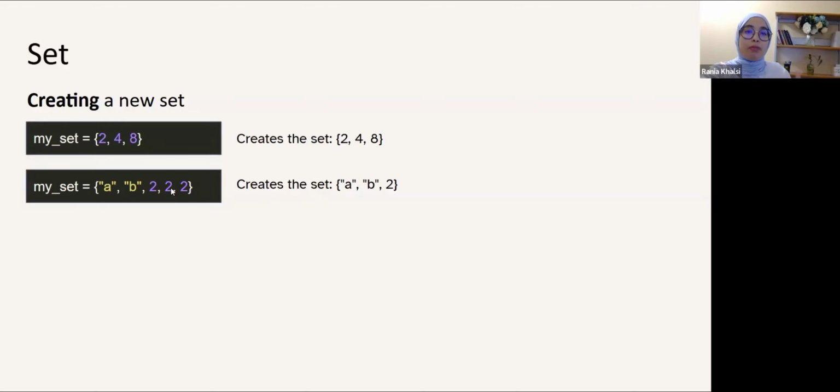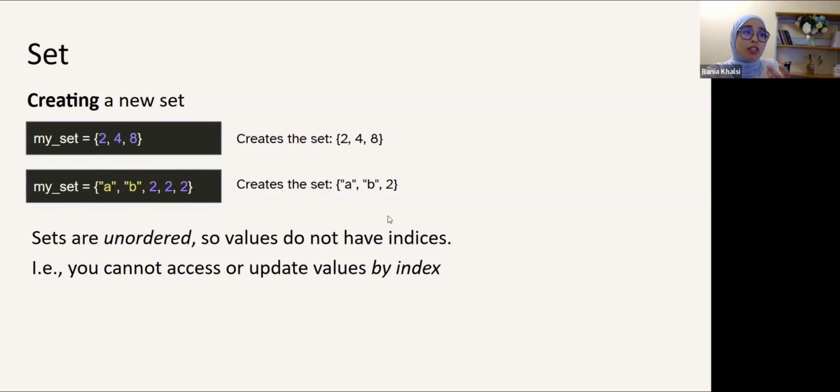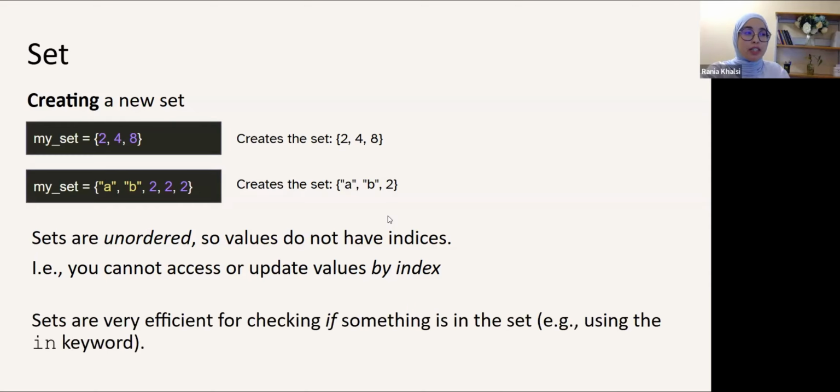In sets, we cannot repeat elements. If I create a set and I give 2, 2, 2, 3 times, only one is going to be considered. We cannot have it more than 1 time because each value is unique. It's unordered, and the values do not have indices like lists, so you cannot access or update values by index.